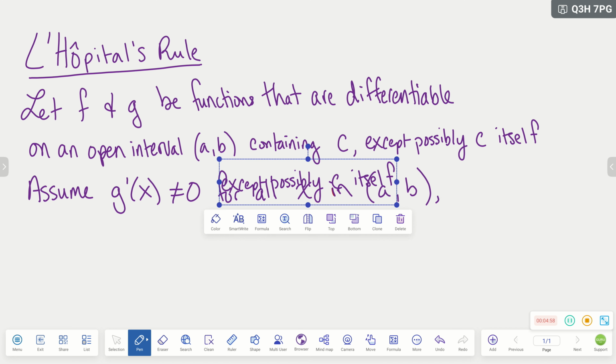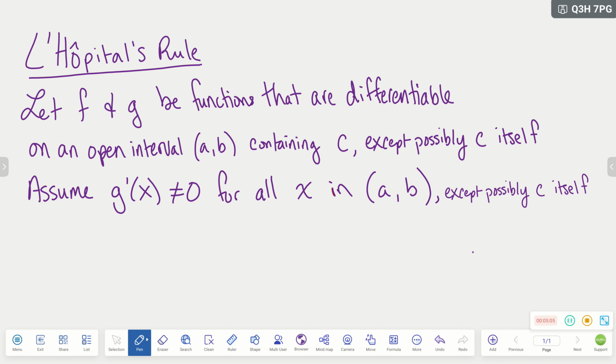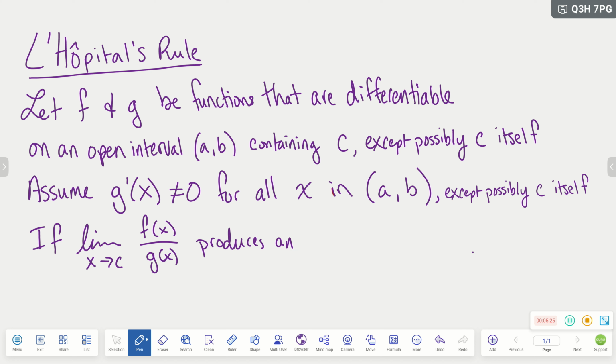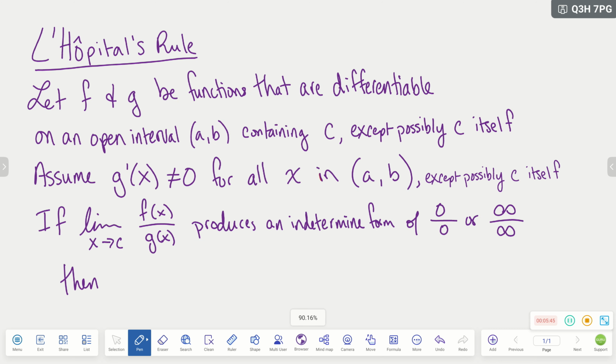So if the limit as x approaches c of f of x over g of x produces an indeterminate form of 0 over 0 or infinity over infinity, then this is the part that you need to know.